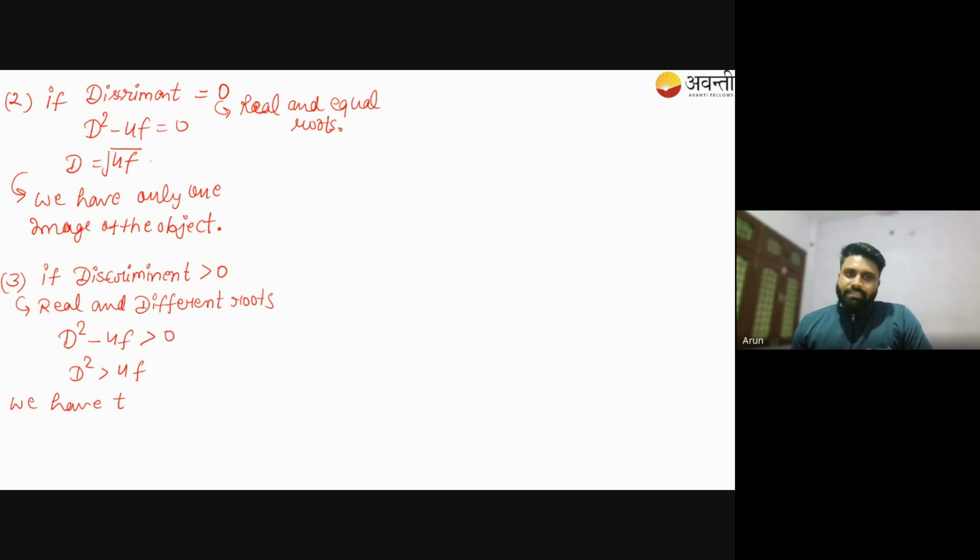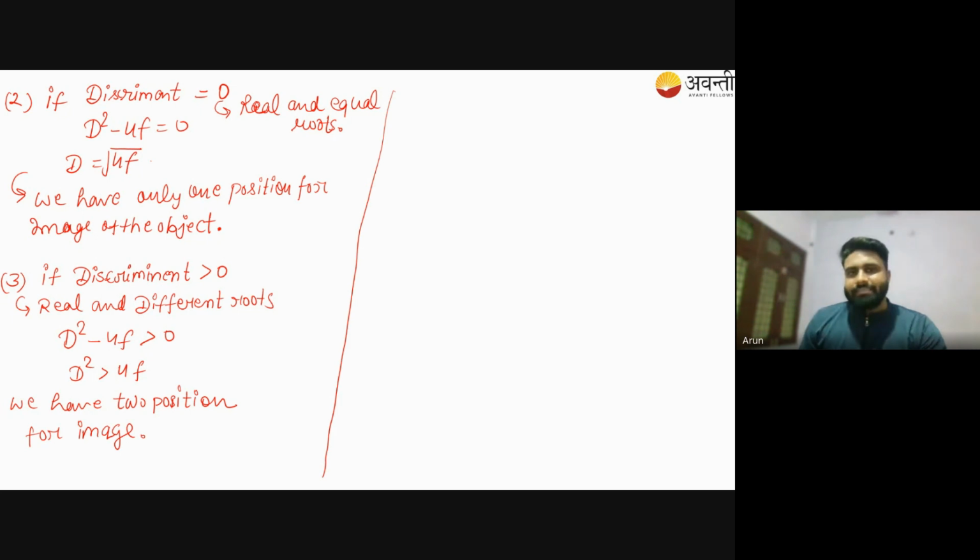For this condition we have those two roots, and two roots means two positions for the image, which means two images. We have two positions for the image. And in the earlier case, we have only one position of image. Okay.